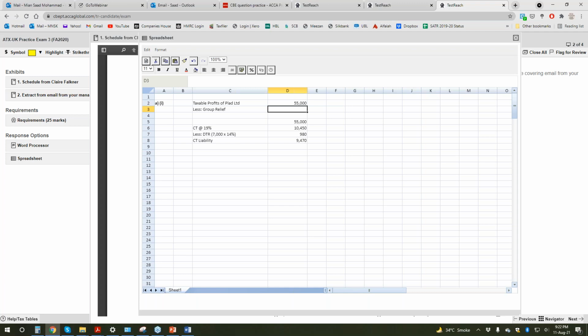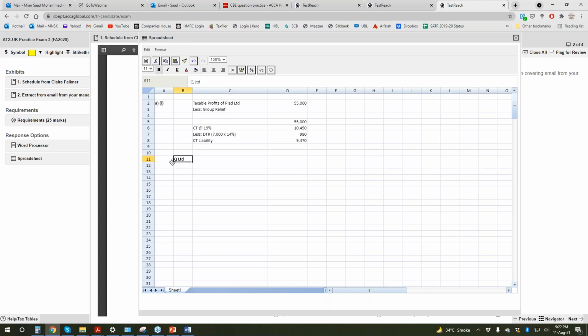Now let's move to part B and calculate our losses there. For Q Limited, we will write Q Limited here to tell the examiner that we have now started working for Q Limited. And for Q Limited, we have to work for both years.